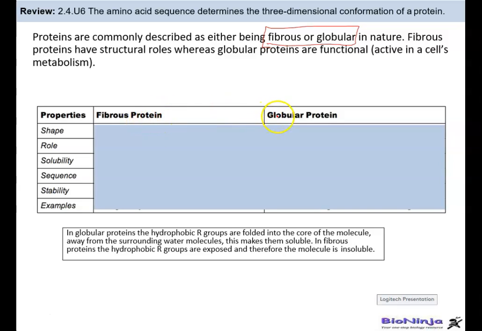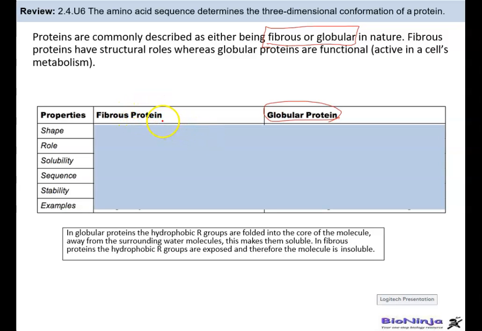And do you remember what globular was? If you want to remember, globular is something like hemoglobin, which is a very famous globular protein, and fibrous is like muscles, elastin, or those kinds of things.